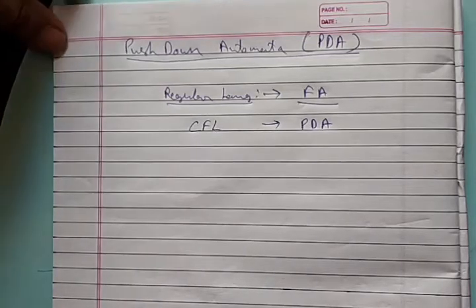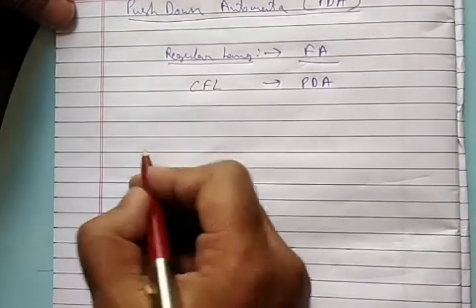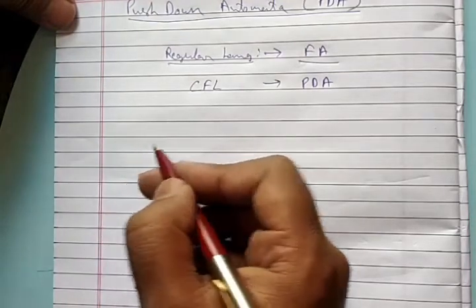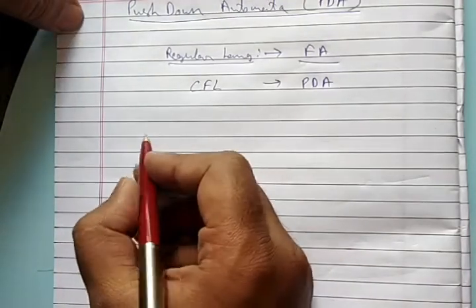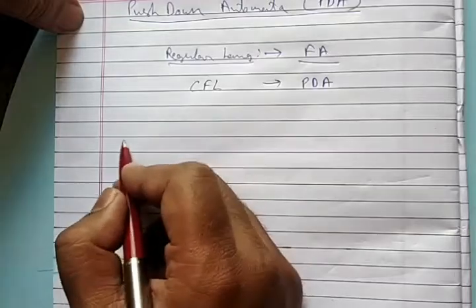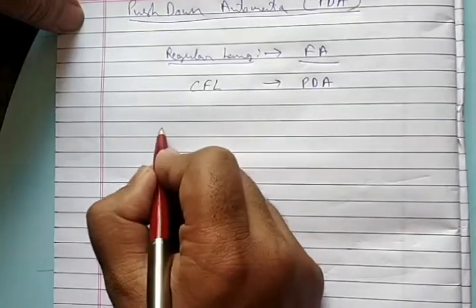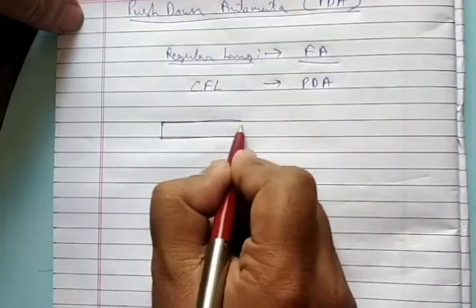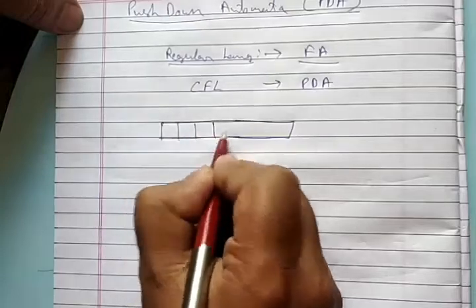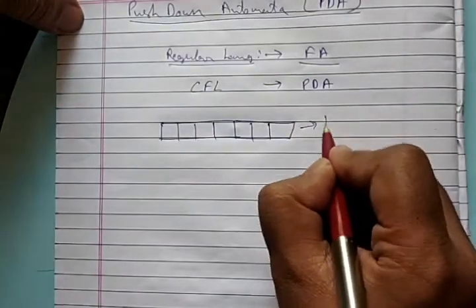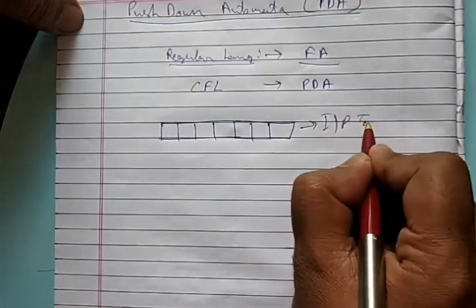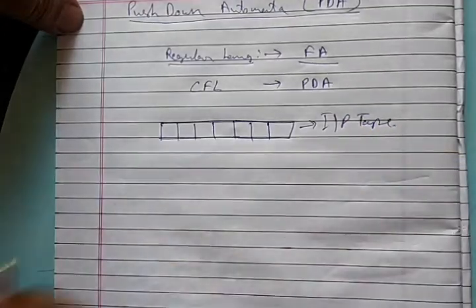So, let's pick. First of all, let's focus on designing of it. Let's try to pick which we had earlier done, that is finite automata. What we had in finite automata? In finite automata, we had our input tape. I hope you remember this thing.